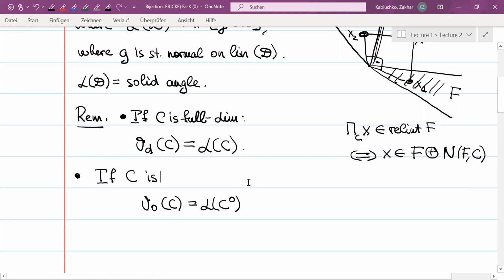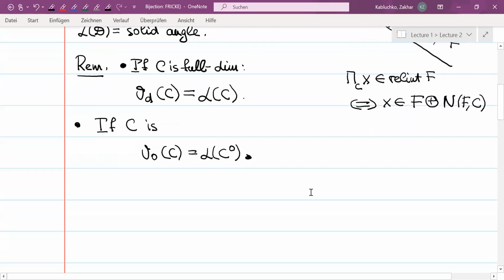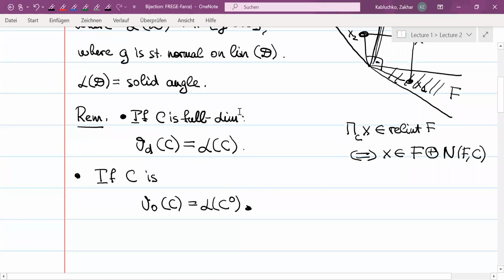What is the right condition for this formula to hold? It should be the dual condition to the full dimensionality. So these two statements are in some sense dual to each other, and the dual condition of full dimensionality is which condition?